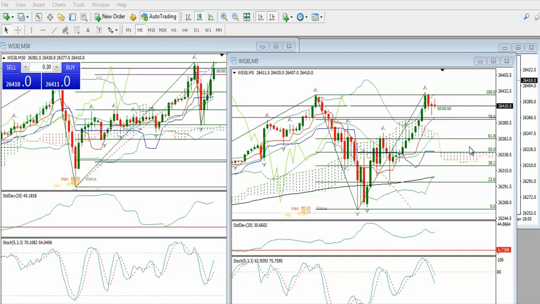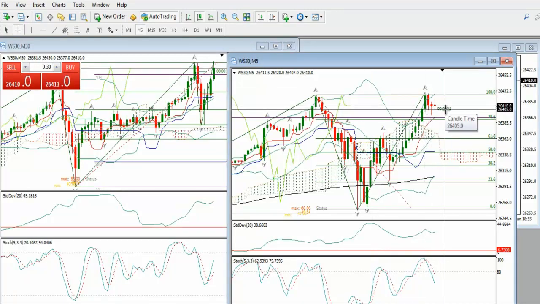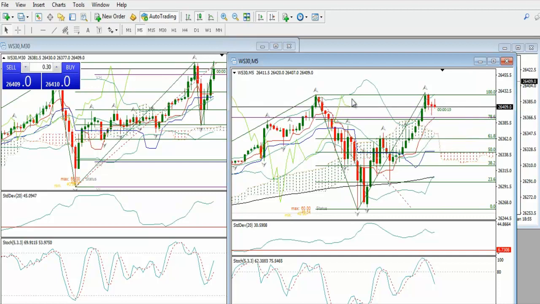Okay guys, we're back. As you can see, I closed my position at a profit of 15 pips. I think I closed somewhere here, because I understood that, as I told you before, I've seen this many times, I should have closed my position right there.